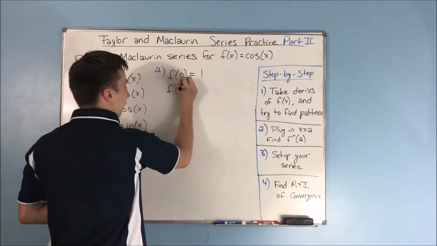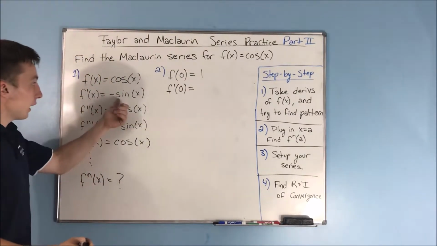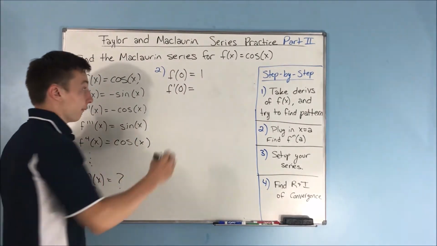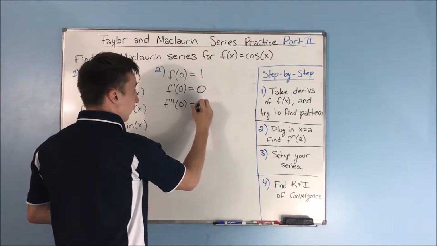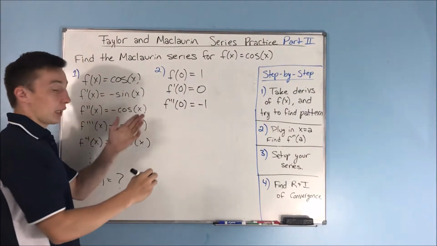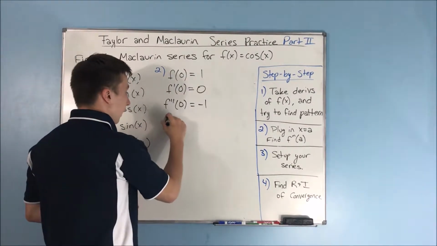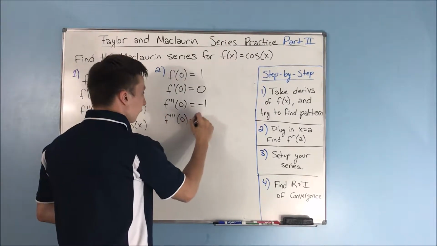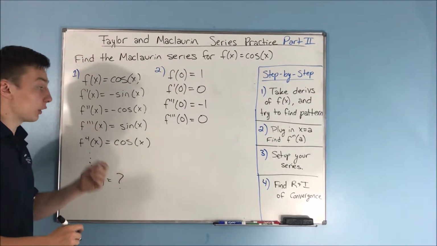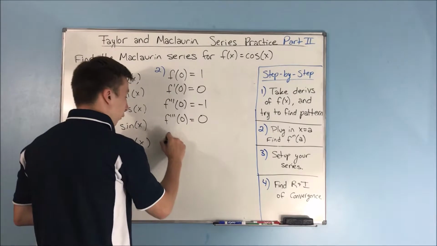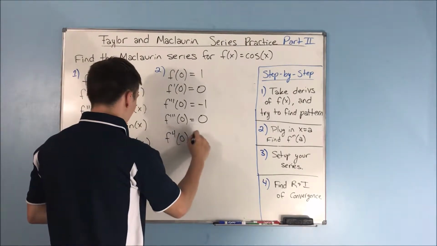F prime of 0 is negative sine of 0, that is 0. Your f double prime of 0 is negative cosine of 0, that's negative 1. F triple prime of 0 is just sine of 0, that will be 0, and your fourth derivative is going to be 1.